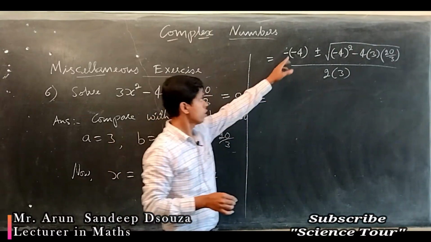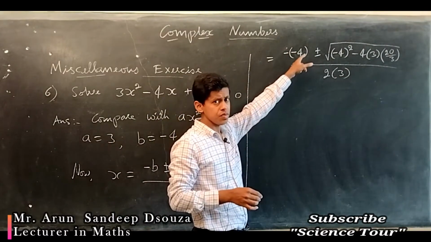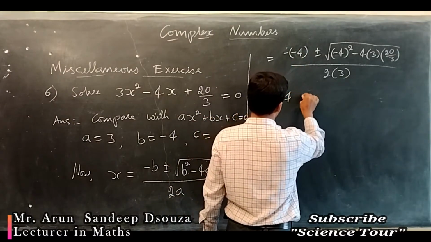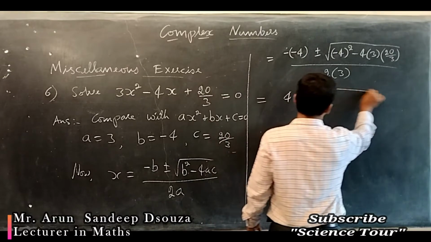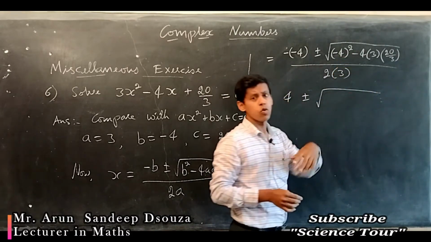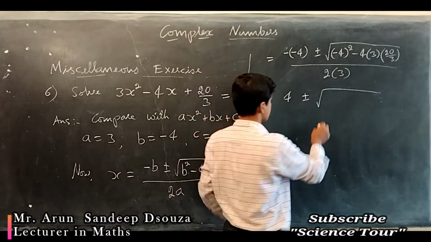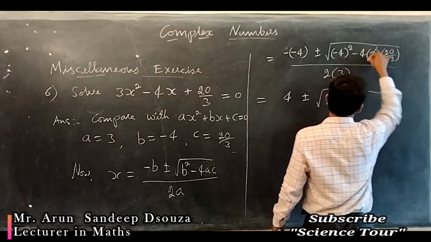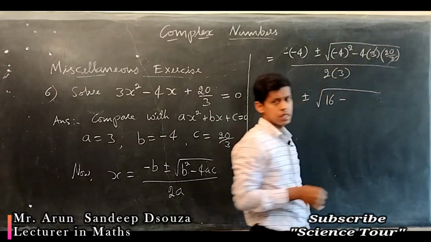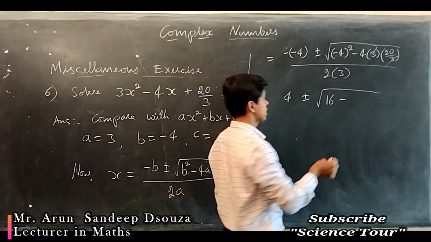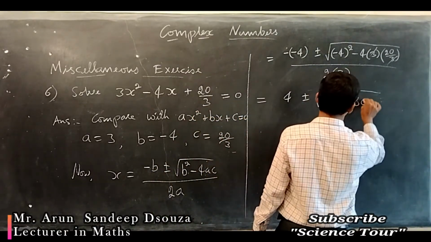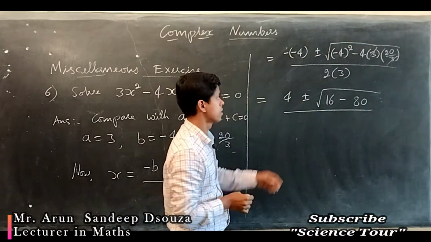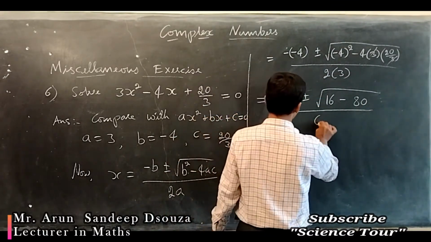Now minus into minus is plus. So write 4 plus or minus square root of -4 square, that is 16, minus, so you can cancel out this 3, so 4 into 20, that is 80, divided by you got 6.